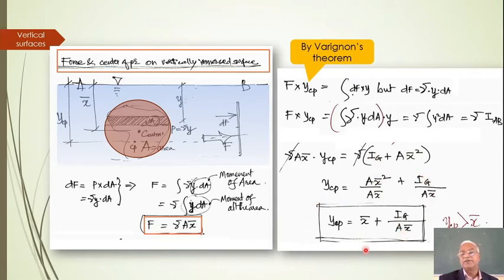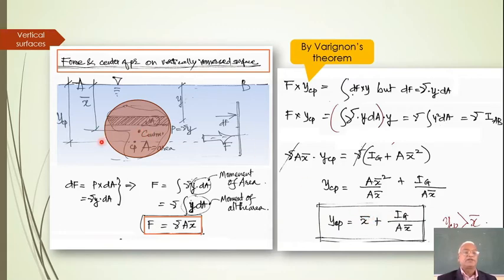Here what one should understand is, Iz, the moment of inertia, cannot be negative, area cannot be negative, x bar cannot be negative. It's all positive. So this plus term can never be negative. Because of that, we can say that the center of pressure is slightly more than the depth of centroid.